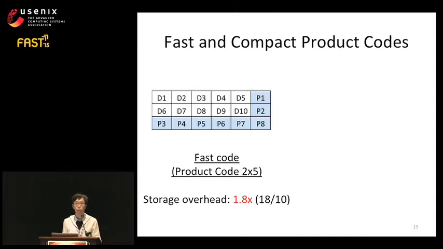After encoding, all of these data blocks and parity blocks are distributed to different nodes to provide fault tolerance. With this code, when we have a single failure, we have 2 choices to recover it. We either take the column or take the row. And we will choose the column here because we only need to transfer 2 data blocks to recover that.